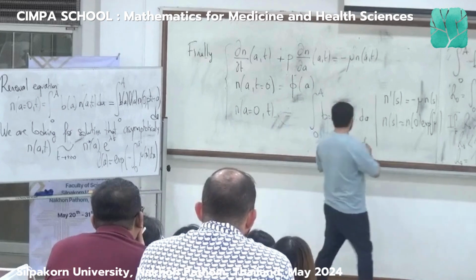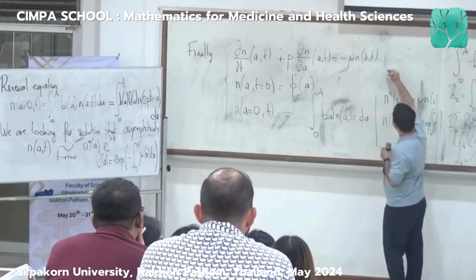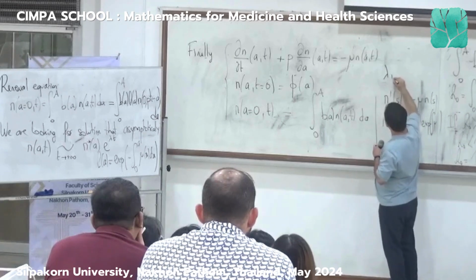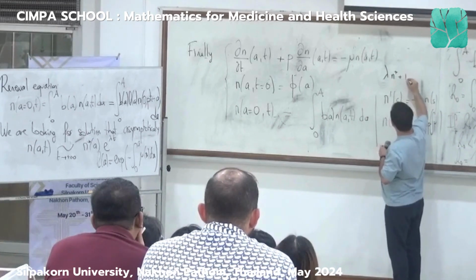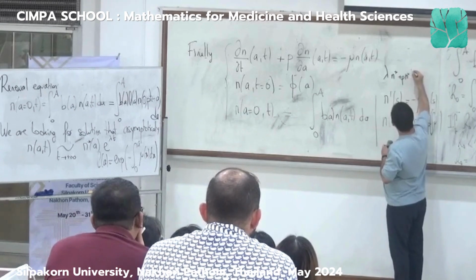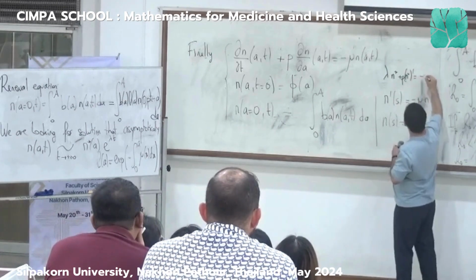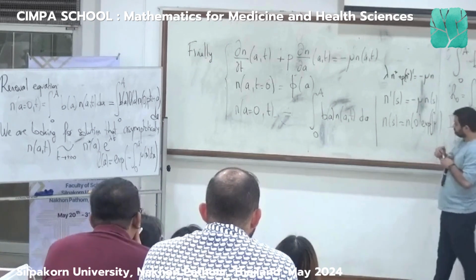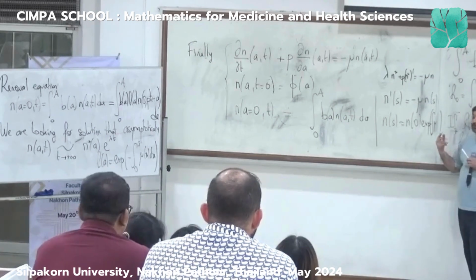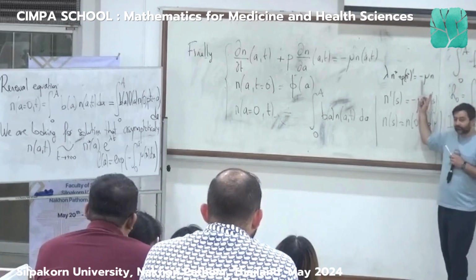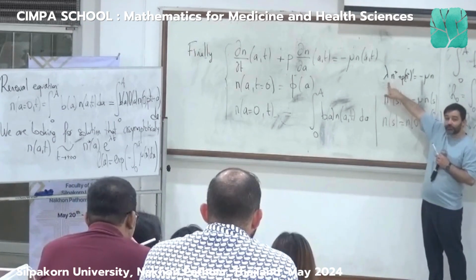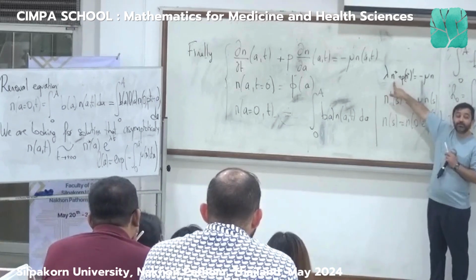If you put this over here, you have one equation, but lambda is unknown and n star is unknown.